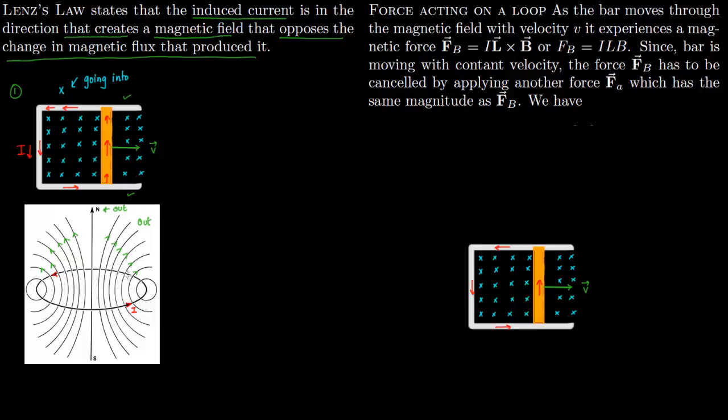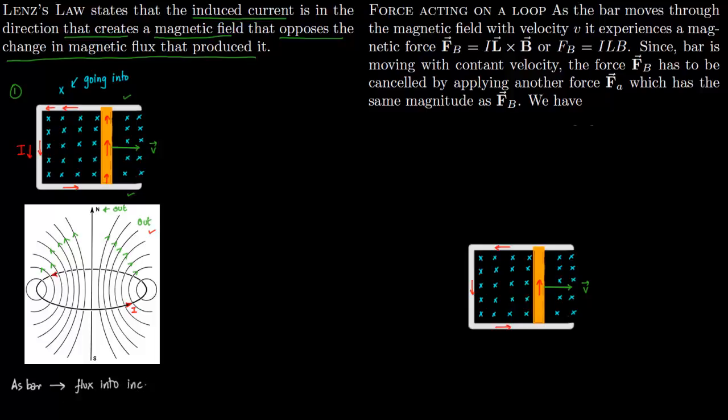This flow of current will produce a magnetic flux out of the screen. This flux which we have produced out of the screen will try to cancel the flux going into the screen, because as the bar moves towards the right, the flux into the screen increases.